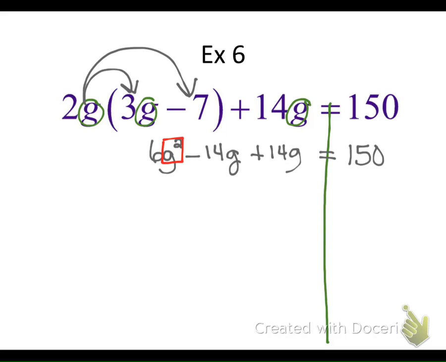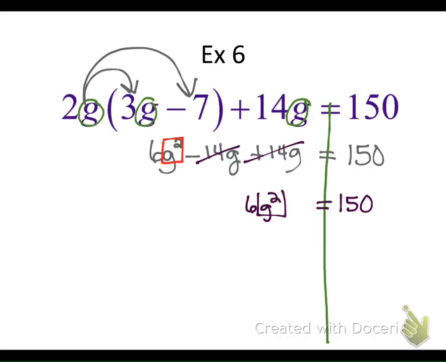Yeah. Let's combine our like terms. If you take negative 14g plus 14g, what's that going to equal? 0. So that basically cancels out, right? So I'm just going to put a line through that to show that that cancels out. And I'm going to just rewrite 6g squared equals 150.